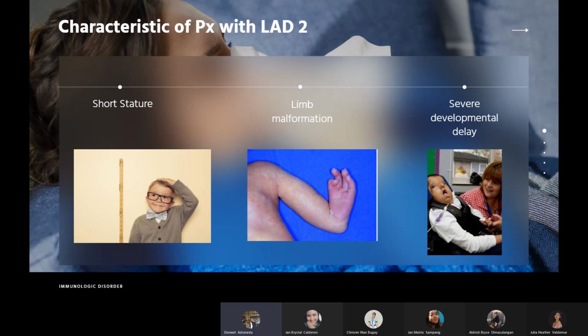Kumbaga, wala sa average. Then we have what we call limb malformation. So ano naman tong limb malformation? Itong limb malformation is simply deficient, missing or incomplete limbs at birth. And lastly, severe developmental delay. Next slide, please.